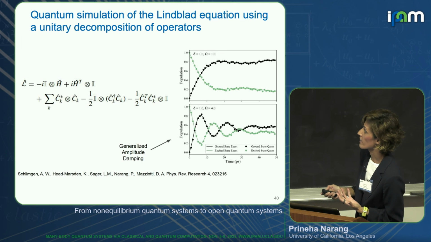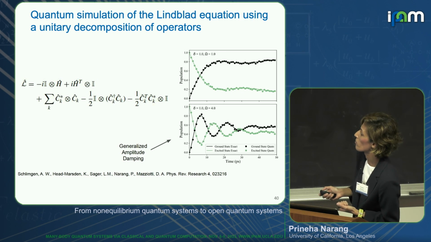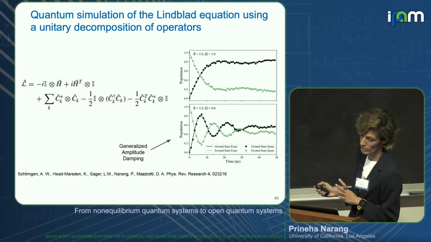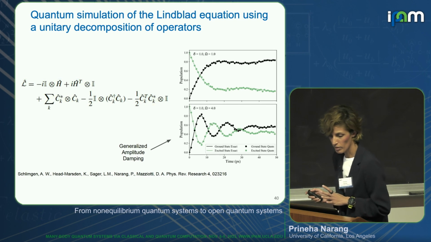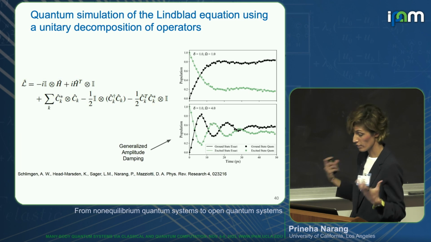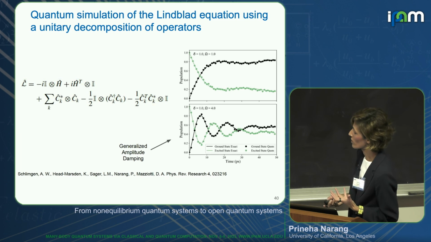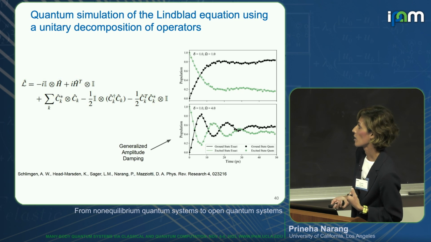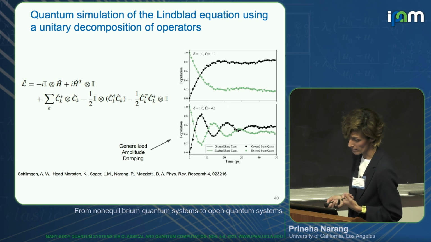So we went ahead and did this, and this is also work together with Asiati's group, where we looked at generalized amplitude damping channels. This is just on simulators. There are some technical reasons for that. I don't want to go into it. But this is a scenario where we look both at a 2-level system, and since we got sick of looking at just a 2-level system, also at a transverse field Ising model.